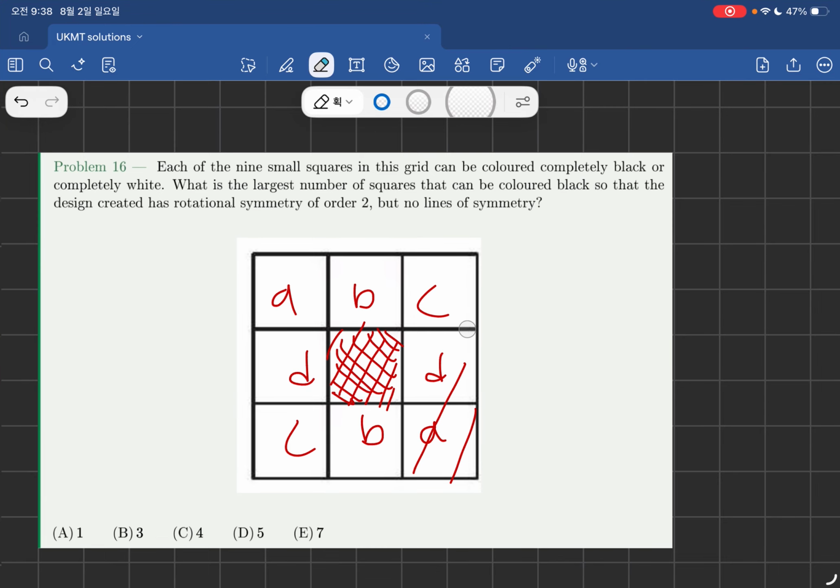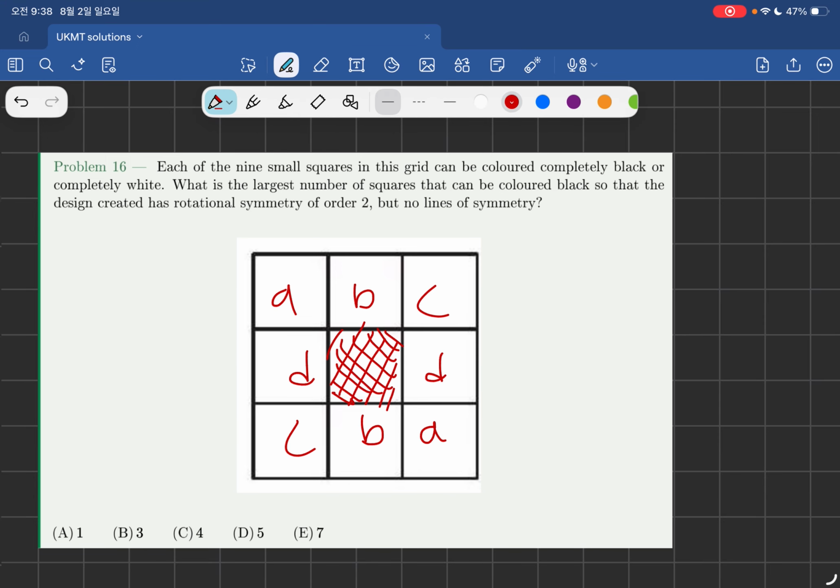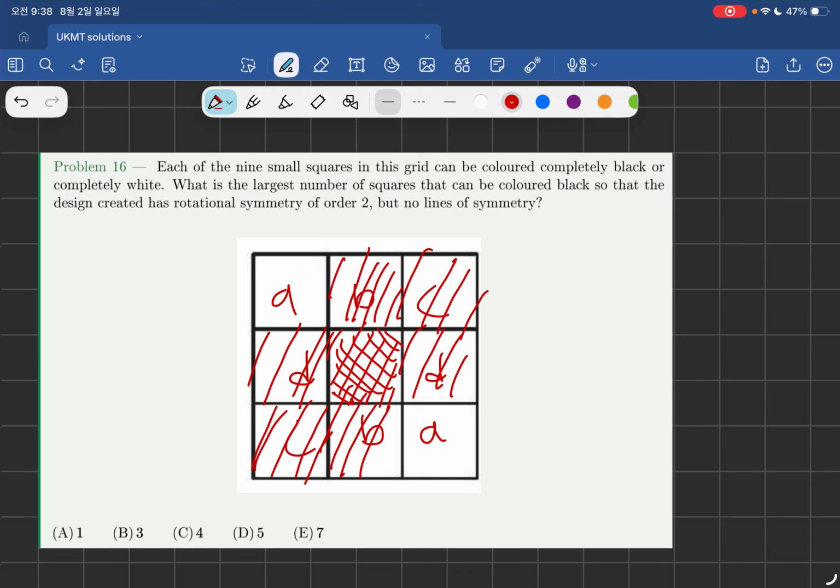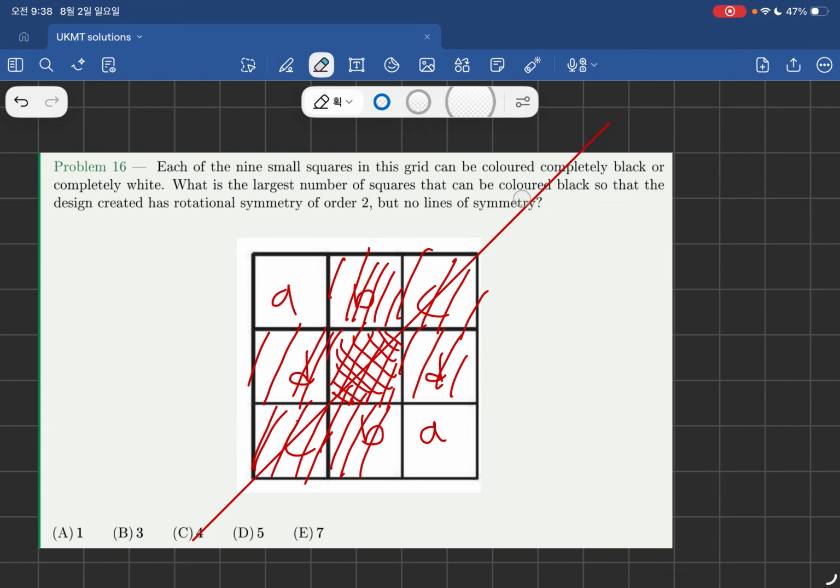So what if we color only one pair of tiles in white? Then, let's say we just colored A in white. Then we have B, C, and D, and the center square in black. However, we have a diagonal line of symmetry, so this case does not work.